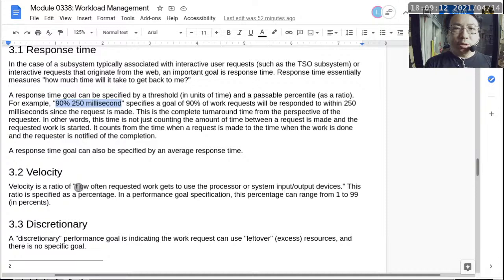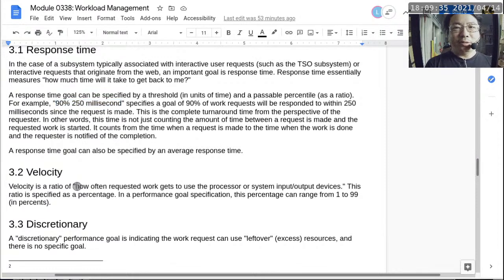It's a ratio of how often requested work gets to use the processor or system input-output devices. This is specified as a percentage. If you want to specify velocity as a performance goal, this percentage can range from 1 to 99. It can never be 100%. You can get up to 99.